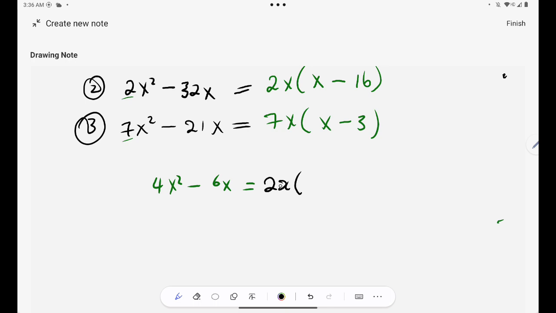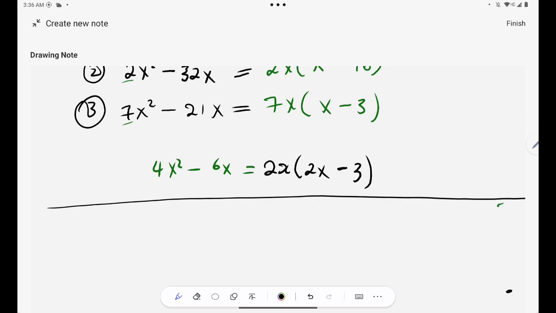So when I take out 2x from the first term, I'll be left with 2x. When I take out 2x from the second term, I'll be left with a negative 3. When I multiply these two, they must take me back to the original. So this is how you factorize a quadratic expression if and only if the value of c is equal to 0, in simple terms, if we don't have a constant term.